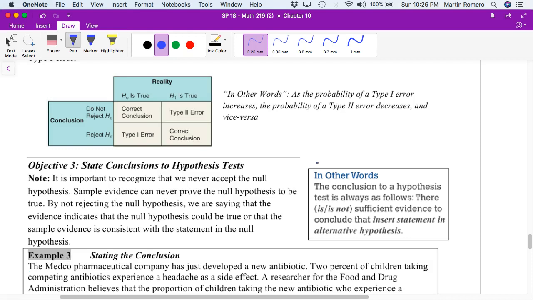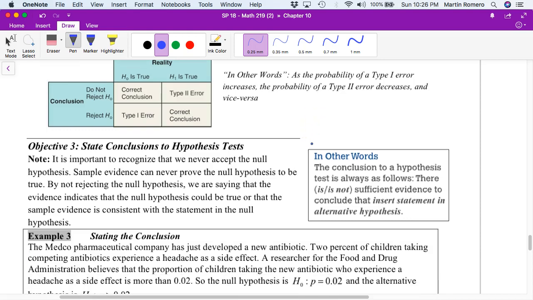That's a correct decision. Or the defendant can be innocent, or not guilty, and they say that. But the defendant could also be guilty, and then they say not guilty, which would be incorrect. So keep that analogy of hypothesis testing in a court case in mind.